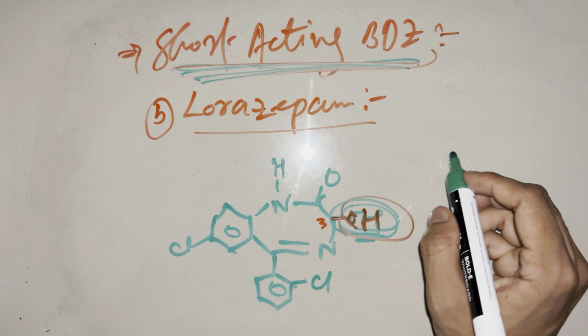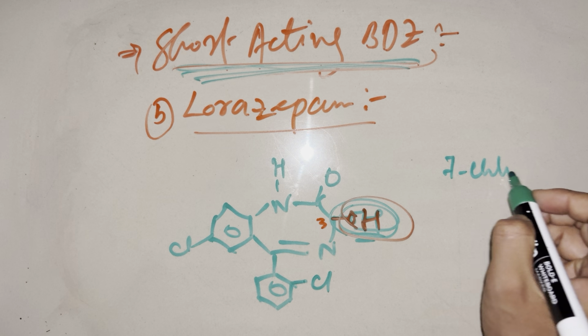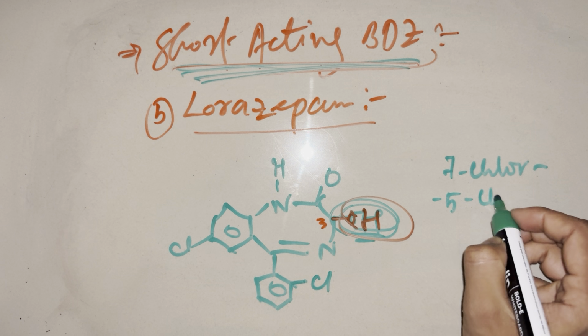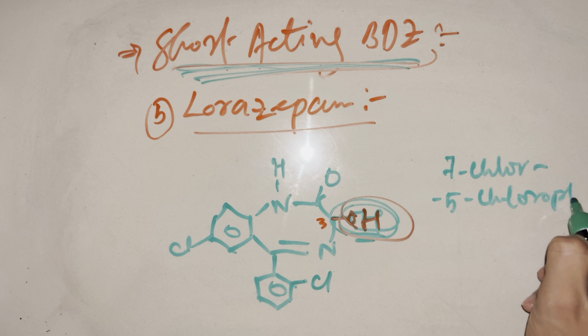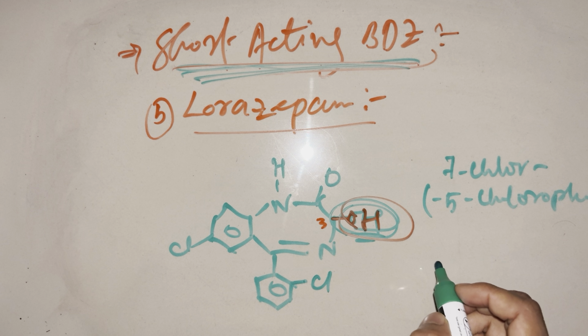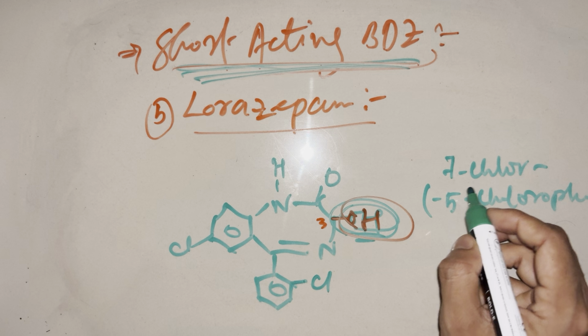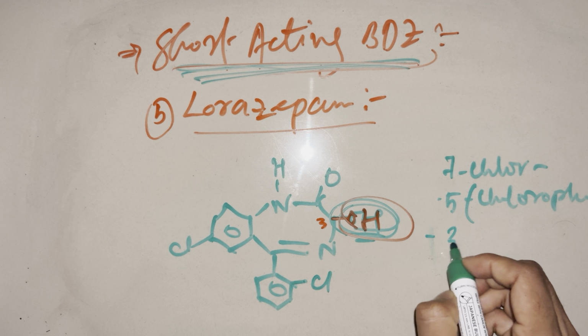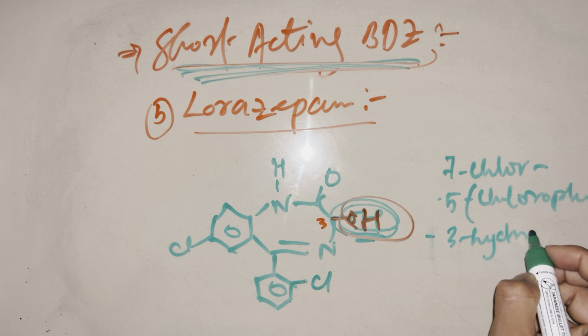The chemical name will be 7-chloro, 5-chlorophenyl. 7-chloro, 5-chlorophenyl. Next, 3-hydroxy.